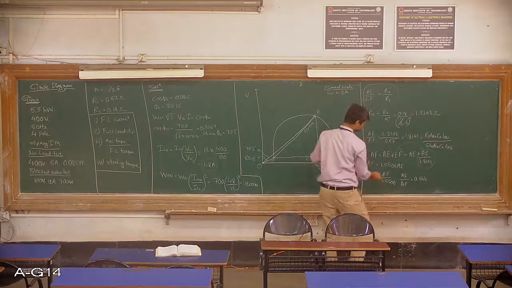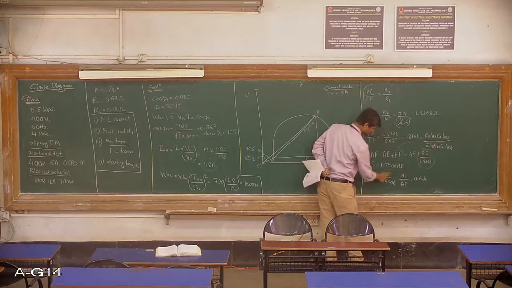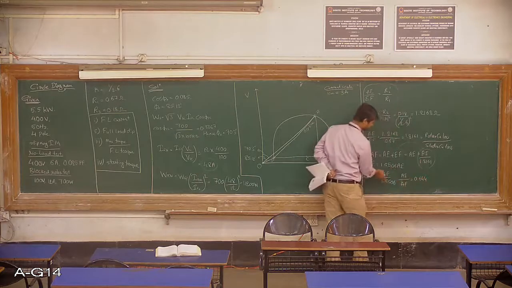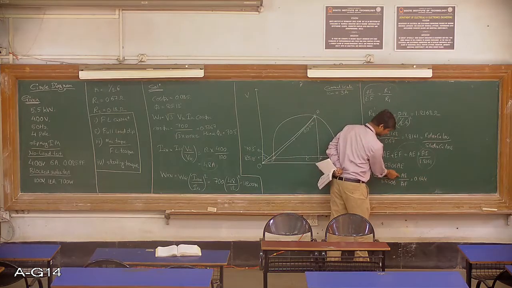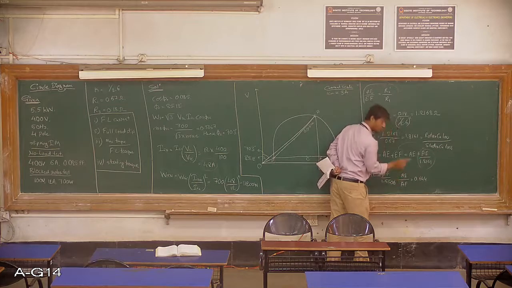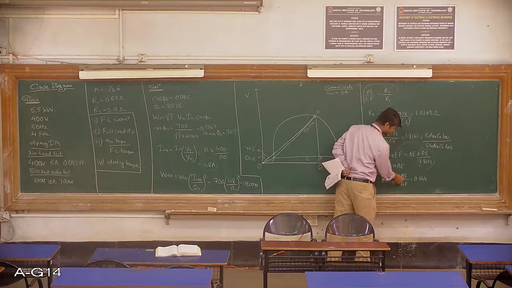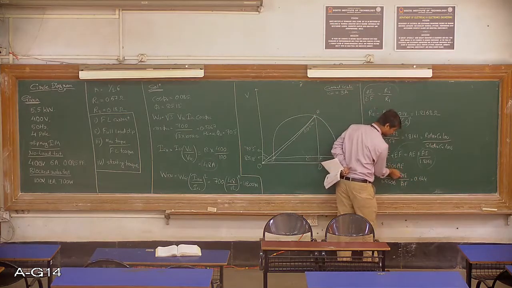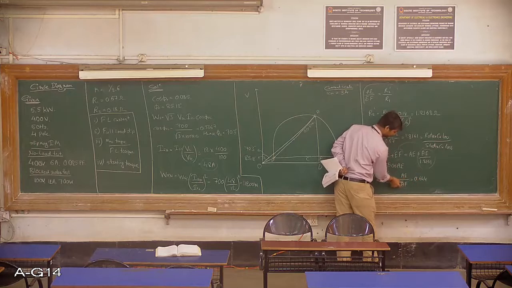That means I have just shifted this AF to this side. Now that means the ratio of AE to AF is 0.644. That means AE is 64% of AF.